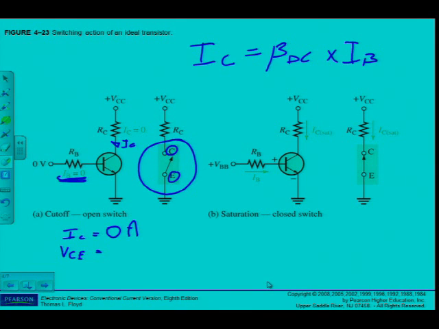VCE, on the other hand, if I measure over this open switch, what am I actually measuring? If I redraw the supply over there, then I am actually measuring the value of VCC. So the parameters for cutoff are IC equal to 0 amps and VCE equal to VCC.